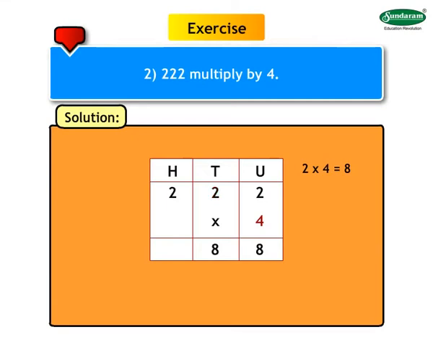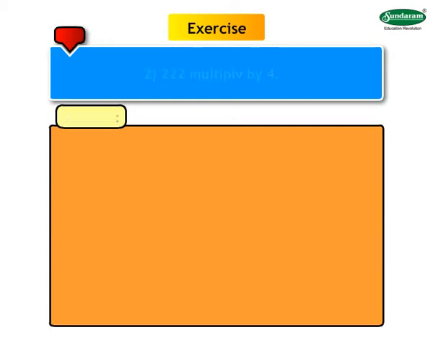Now multiply the hundreds digit 2 by 4. Write the product 8 in the hundreds place of the product. The product we get is 888. Hence, 222 multiplied by 4 is equal to 888.